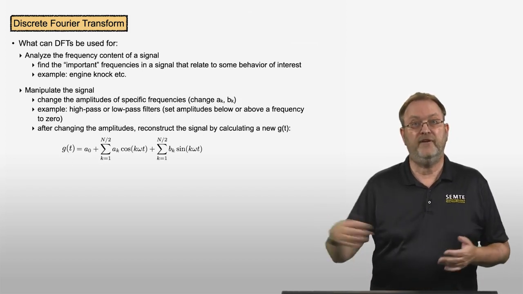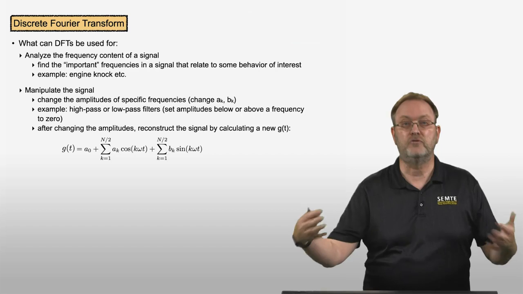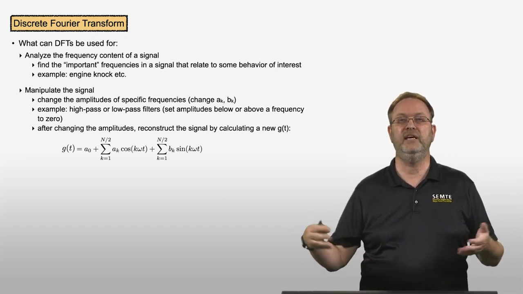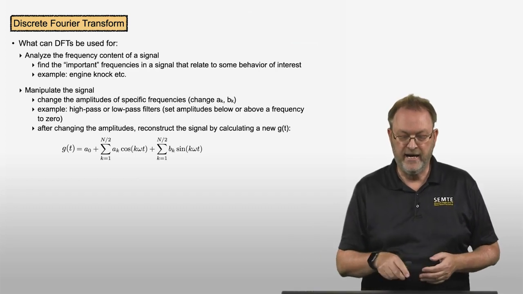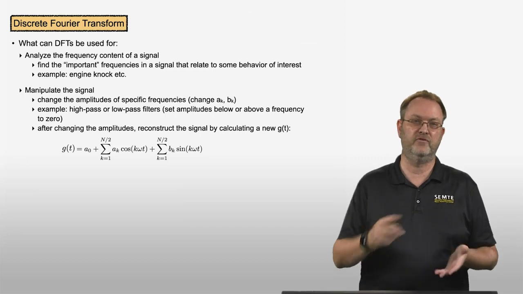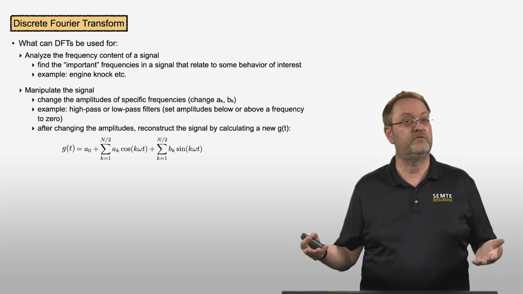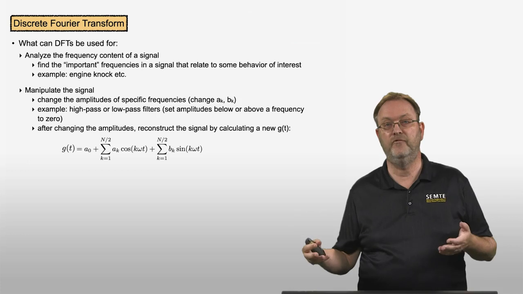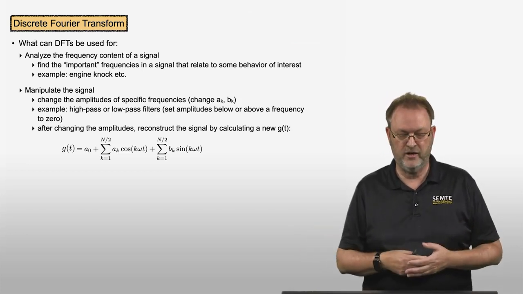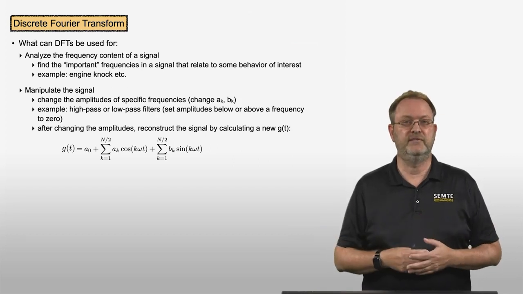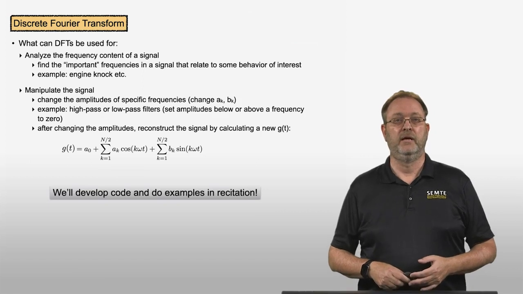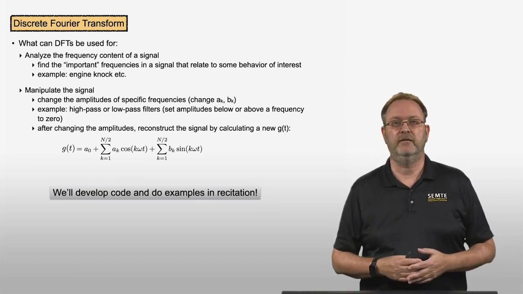Now, once we've modified the amplitudes, in order to reconstruct the actual signal, we have to calculate a new g of t by doing this sum over here, the discrete Fourier transform in reverse, where we reconstruct the signal as a naught plus the sum from k equal 1 to n over 2 of my new a k cosine k omega t, plus the corresponding signal for sine k omega t.